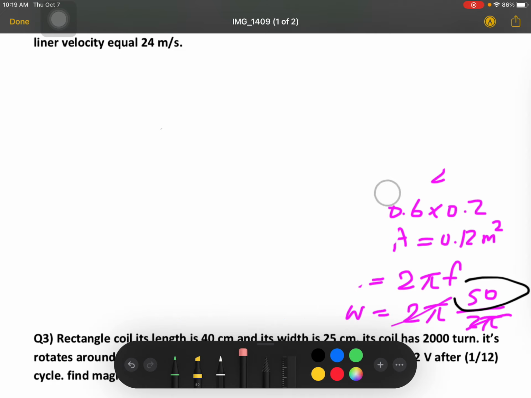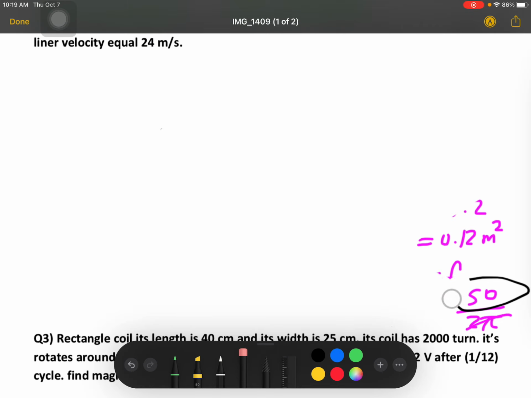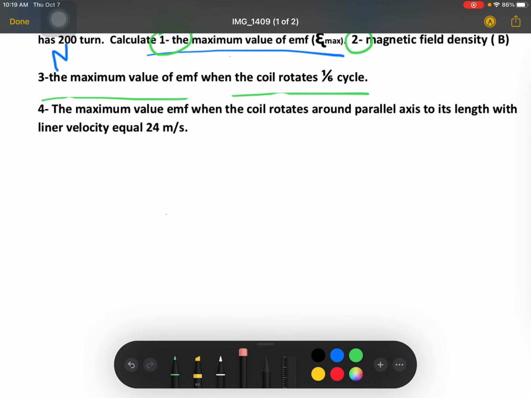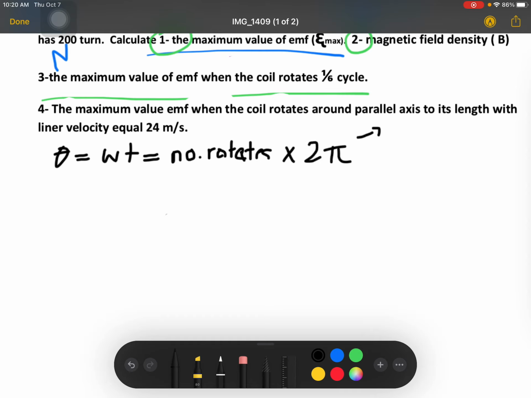We said that we can calculate the theta from two relations, and one of these relations was theta equals omega t, equal to the number of rotations times 2 pi, where pi here equals 180, because we're going to find theta.